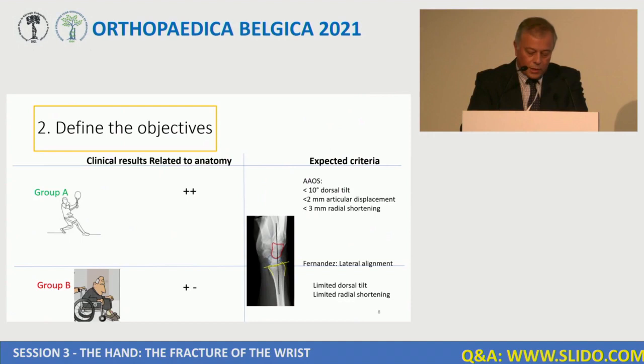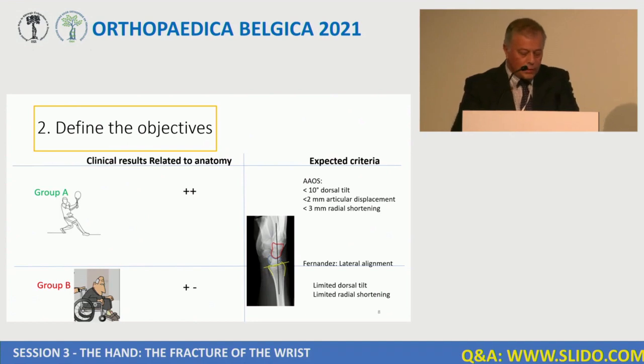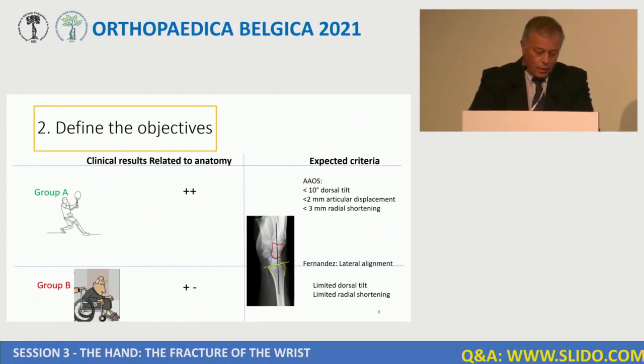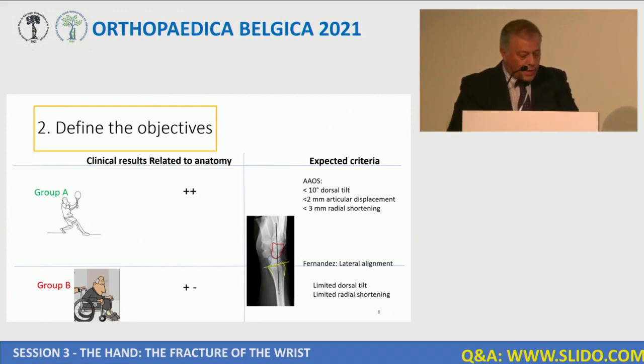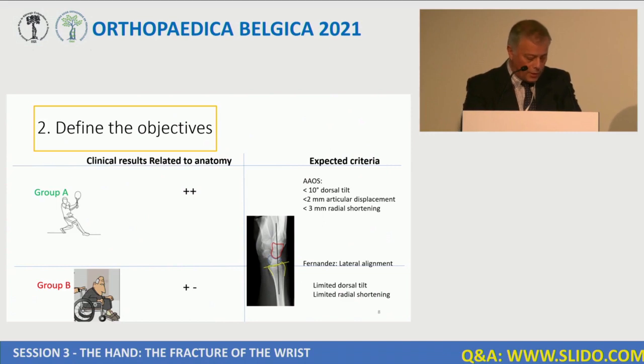The second step of the management will aim to define the objectives of the treatment. For the patients of group A, the functional capacity is strongly correlated with anatomy. Then you will not accept deformity with more than 10 degrees of dorsal tilt, 2 millimeters of articular displacement, or 3 millimeters of radial shortening.